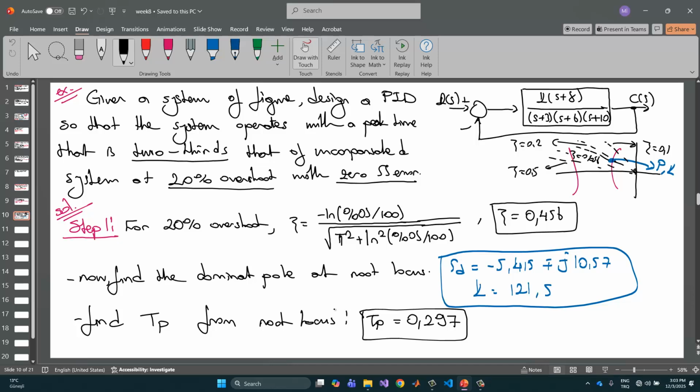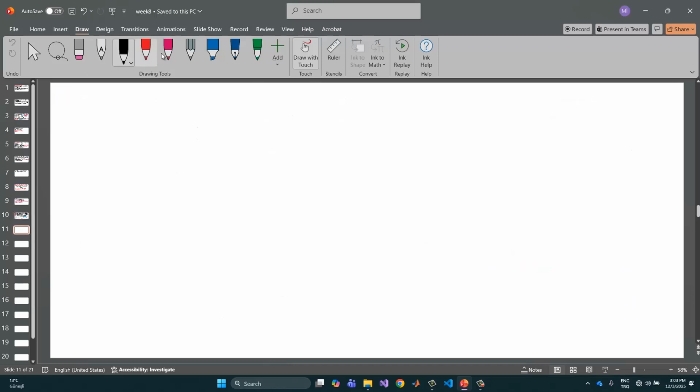And so, how can we apply the step 2 in here? From root locus, we find the peak time, pole, and gain. Okay? And so, what's the condition of this? That the new Tp is, Tp new equals to what?